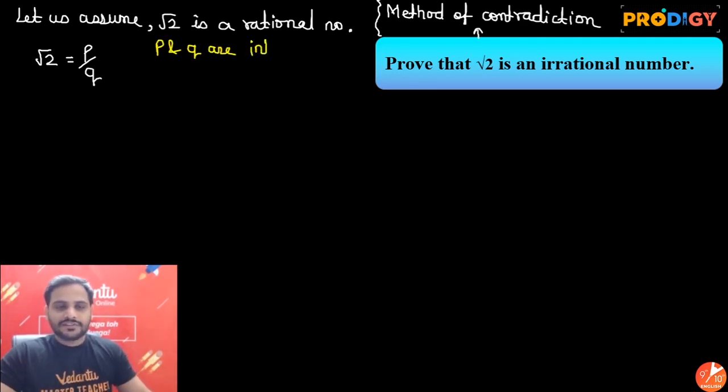Or not only integers, let's take p and q are co-prime integers, and q is not equal to 0.